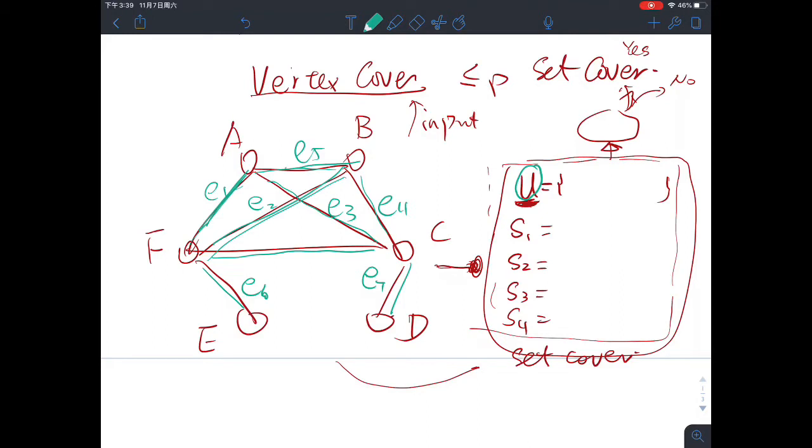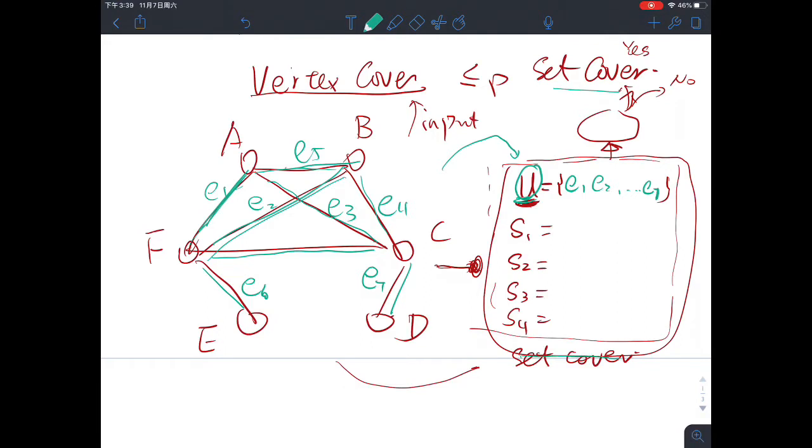So intuitively we want to cover all these things. That means we can set our universe to be E1, E2, all the way to E7. So this is how the universe in the set cover maps to the edges in the vertex cover.